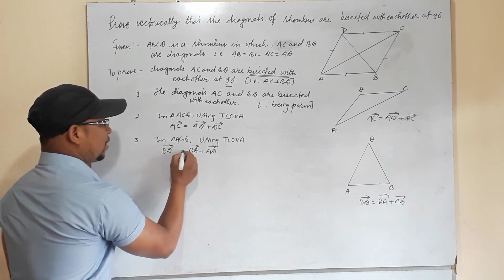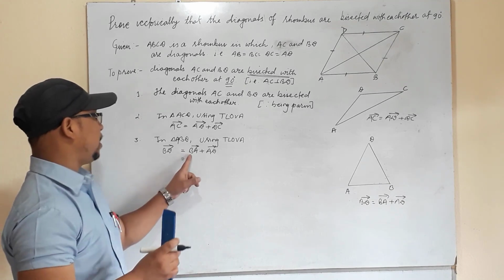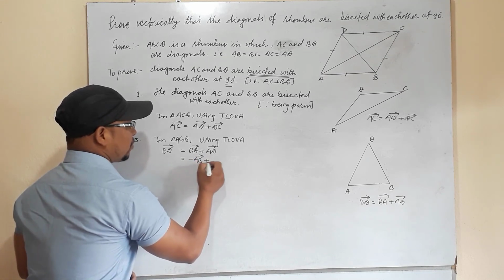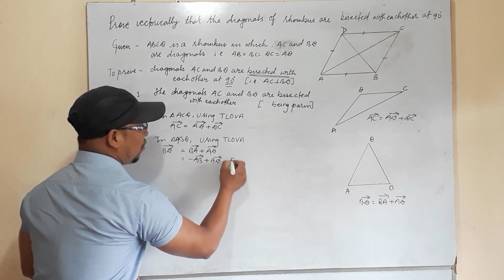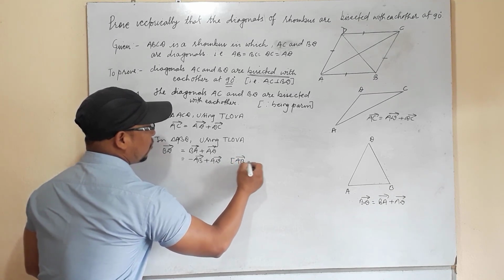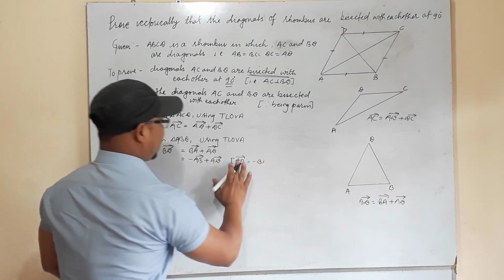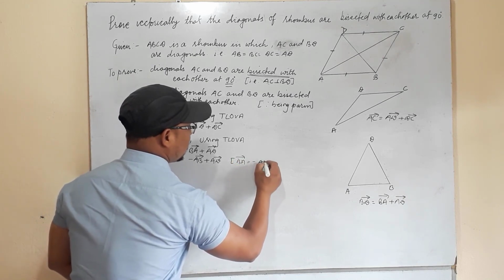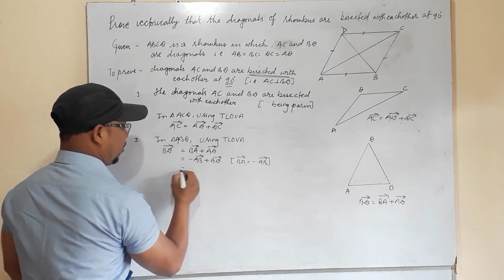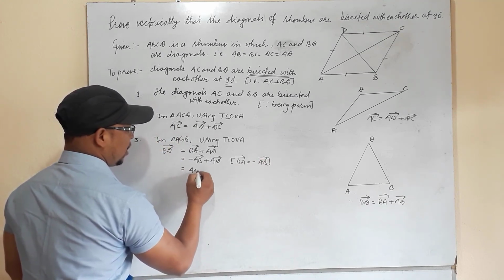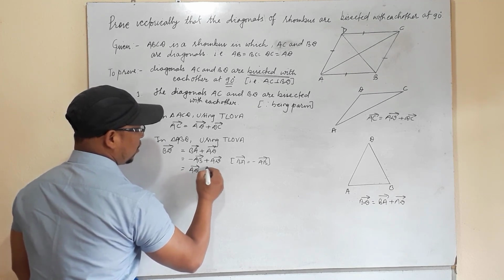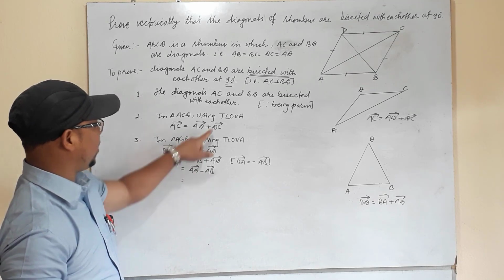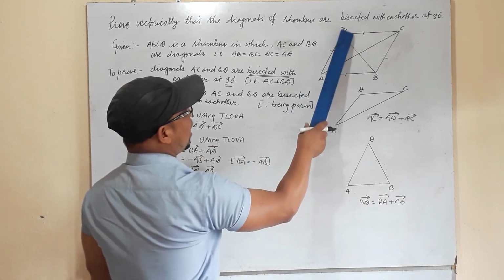Now before taking their dot product, first let me simplify. BA can be replaced by minus AB, since BA vector equals minus AB vector. So BD equals AD minus AB. Now look here: this is AD, here is also AD. Now let's take AB and DC.